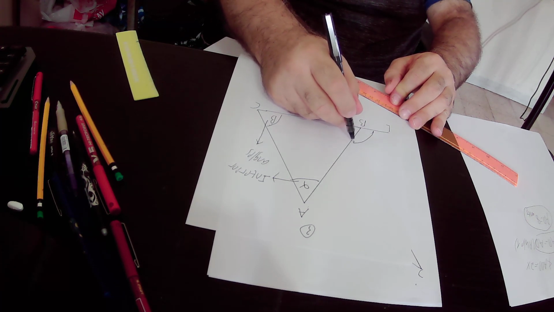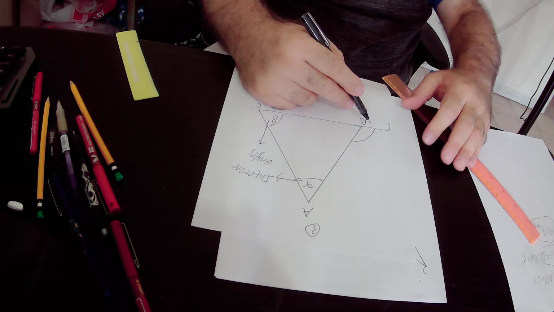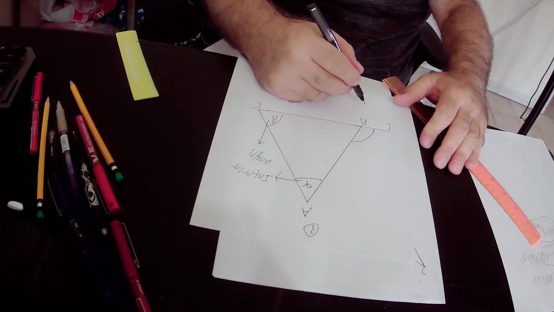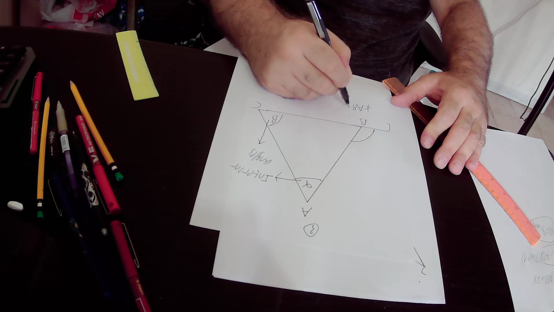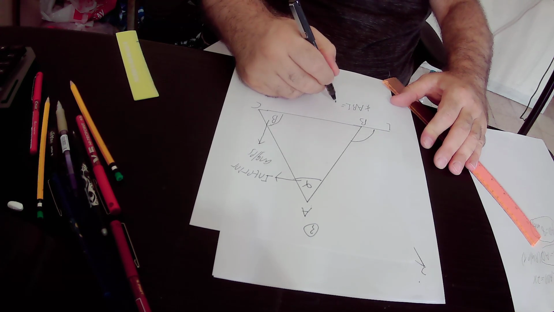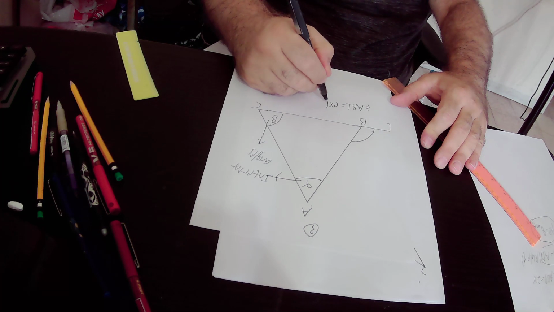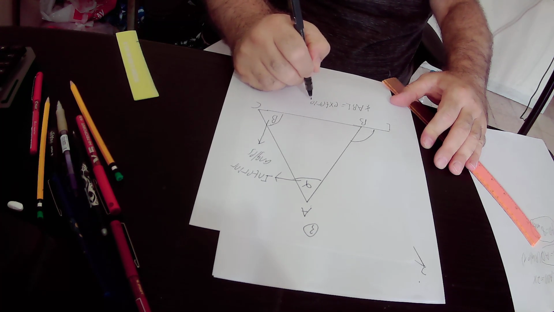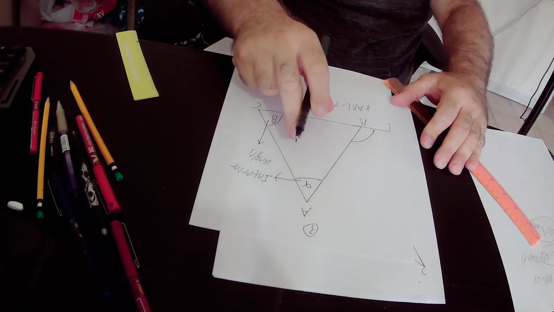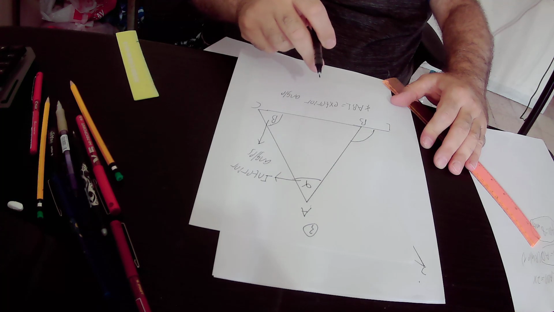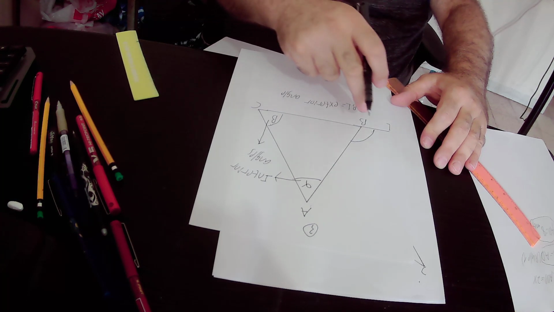While angle ABL, this angle, is defined as an exterior angle, because it is located outside triangle ABC. That is the reason it is defined as an exterior angle.